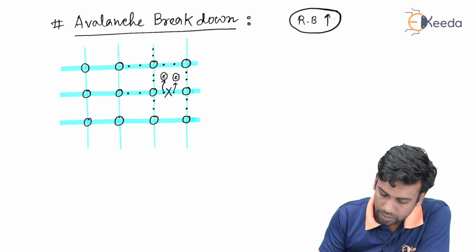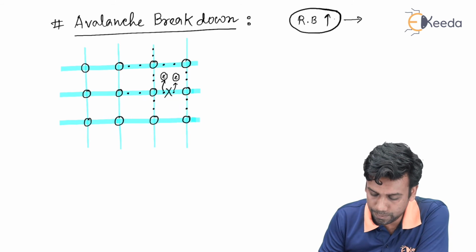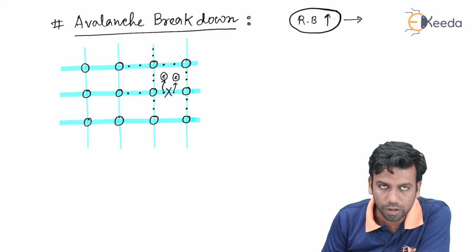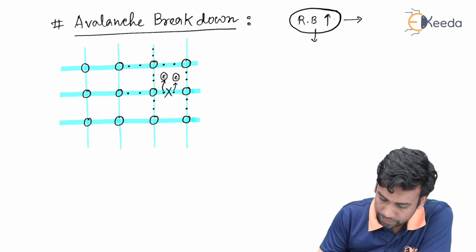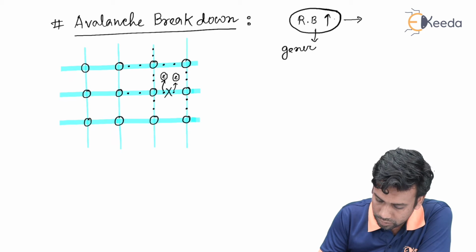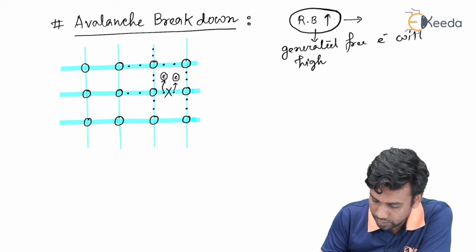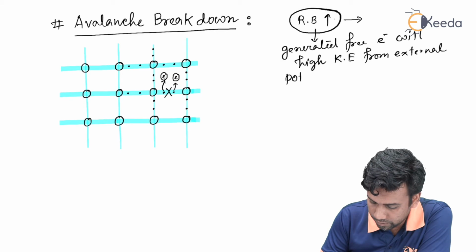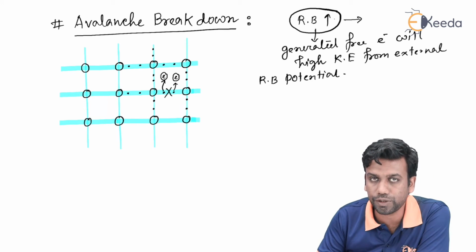Now, after this, if we also increase the reverse bias potential, then these free electrons will gain a very high amount of kinetic energy. So, we can say the generated free electron will gain high kinetic energy from the external potential, and this potential is nothing but the reverse bias potential.